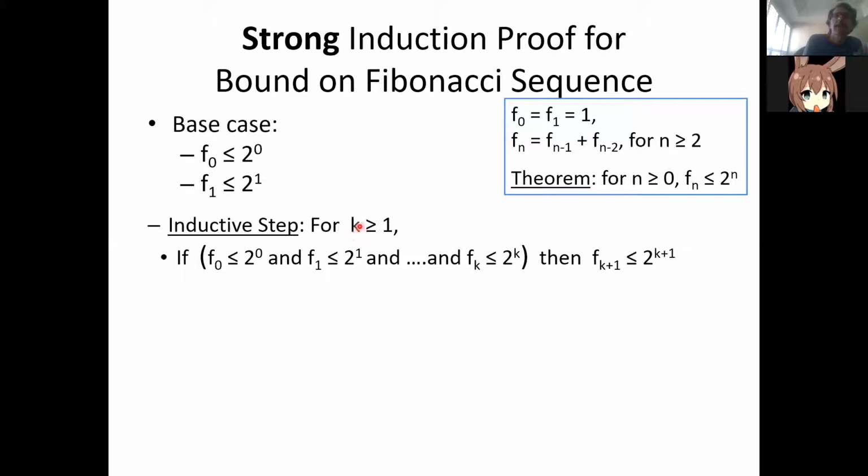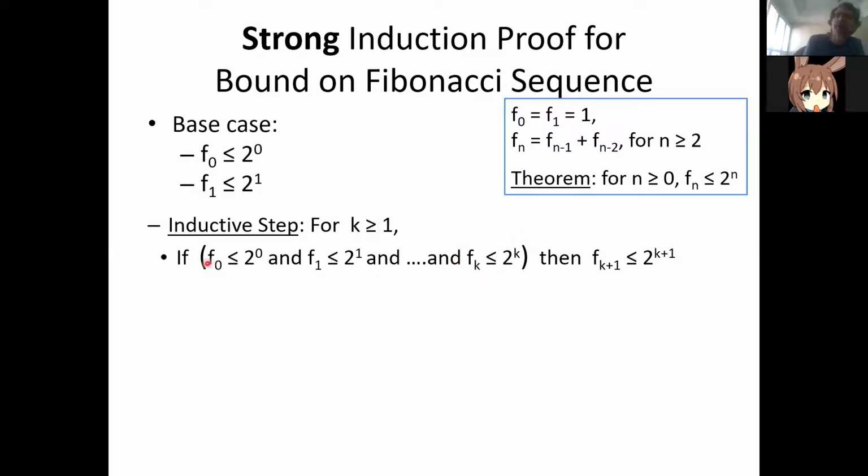For any index after that, so starting from k, if the predicate I'm proving holds about not only the case at index k, but about all indices before that, so starting from index 0 and everything in between. In the previous form, I only assumed this part.